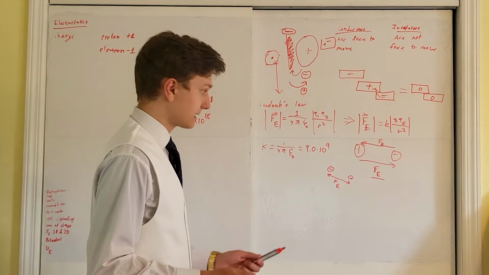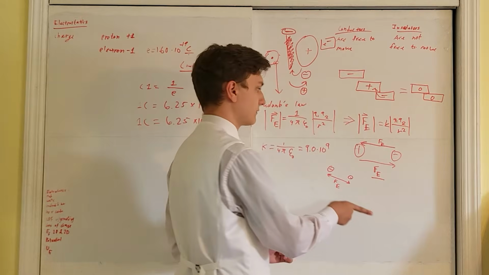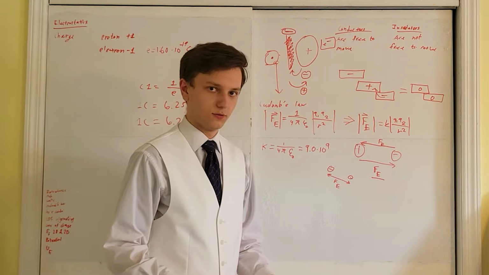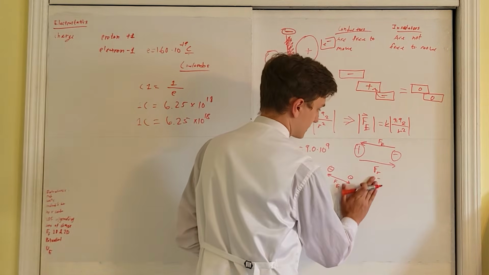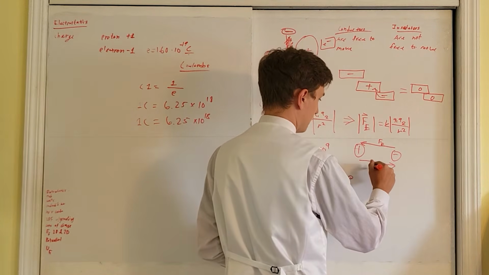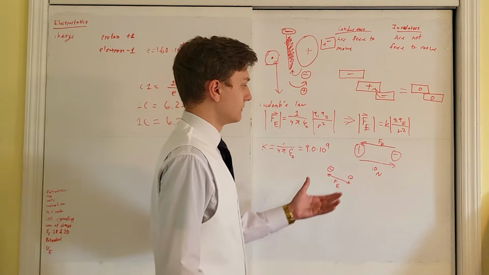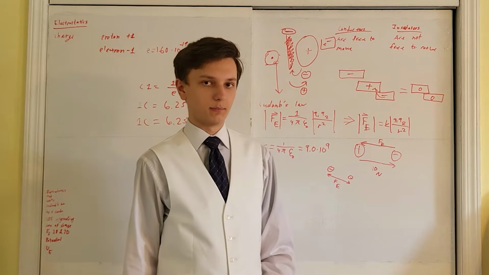What does magnitude mean again? It means that instead of giving us the vector, instead of giving us the direction, it's only going to give us the value of the electric force, okay? If, let's say, I plugged into my equation and I got a value of 10 newtons for my electric force, I would not immediately know which direction that is being applied in.